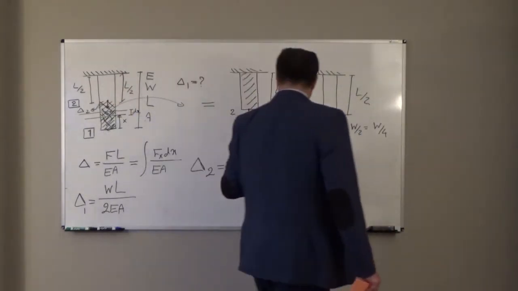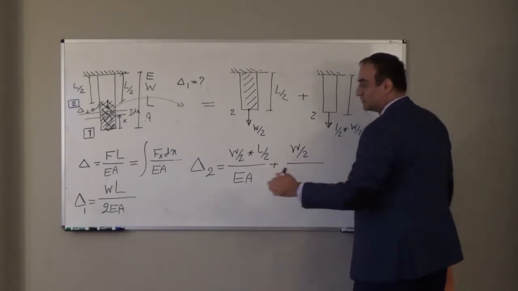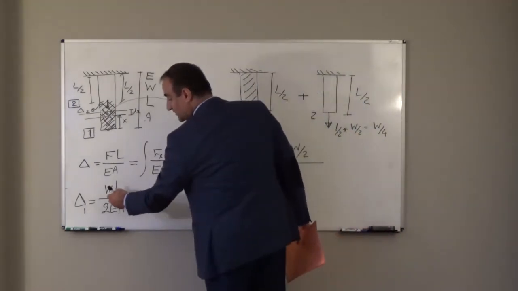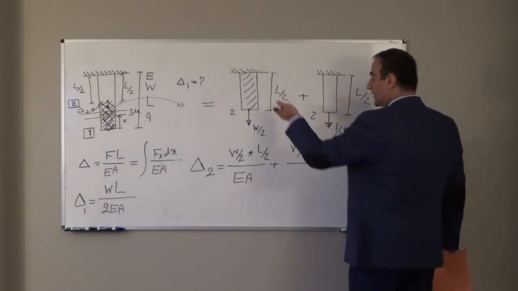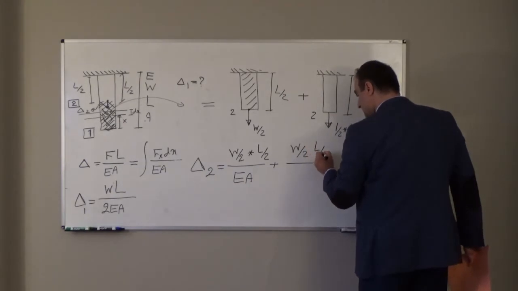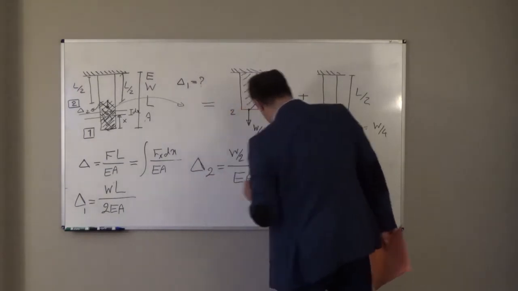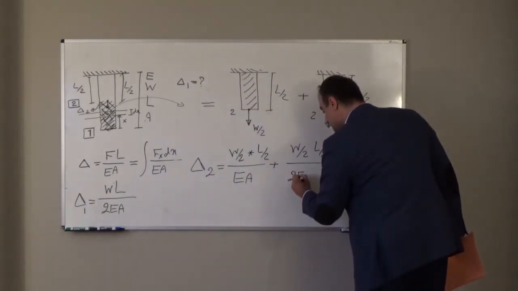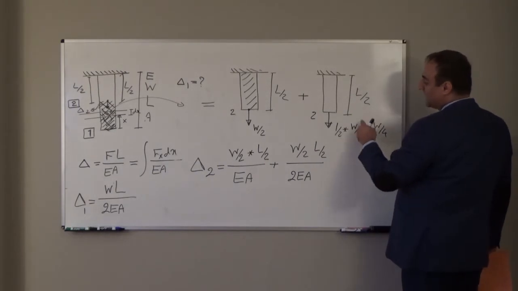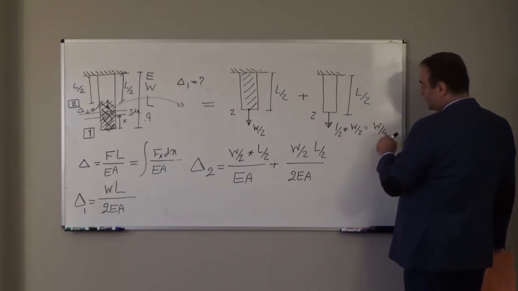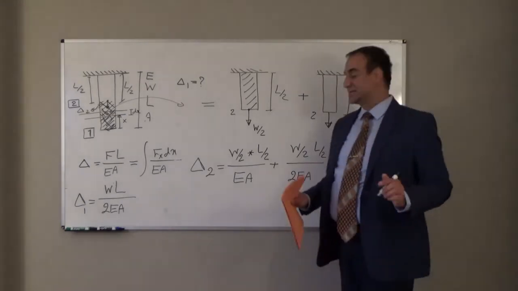The self weight of this part is W over 2. The length for the top part is L over 2 divided by 2EA, or if we apply it as an external load, half of W over 2, W over 4 times L over 2 over 2EA. Both are the same.